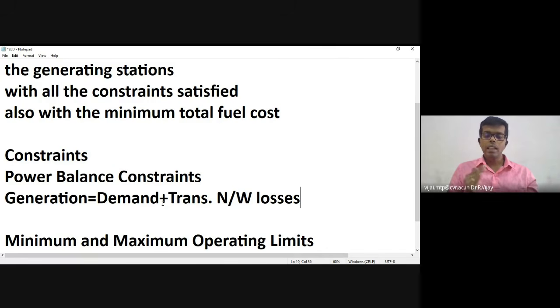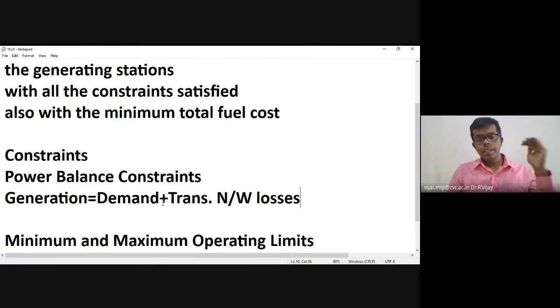But the majority of thermal generating units are located very far from the load, the distribution system. If you take the radial or road distance, it will be 200 or 300 kilometers apart.